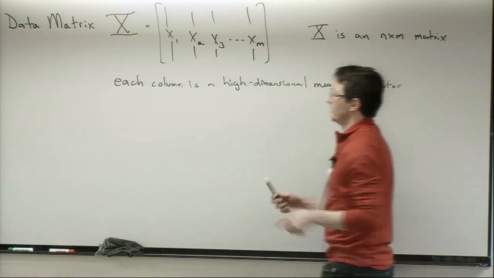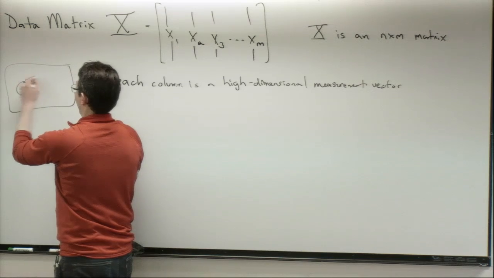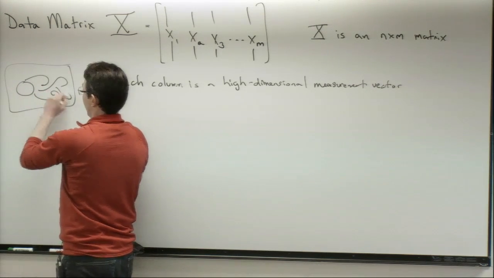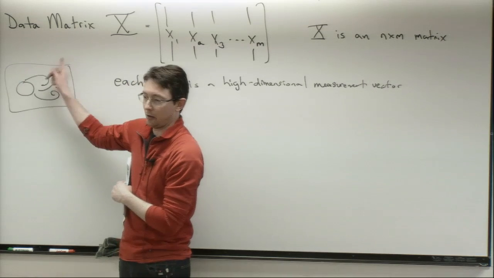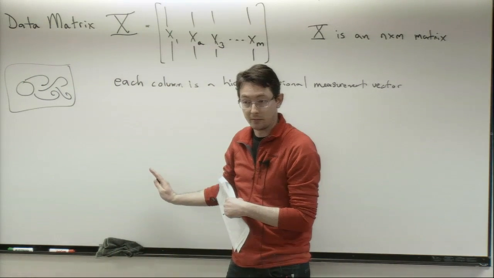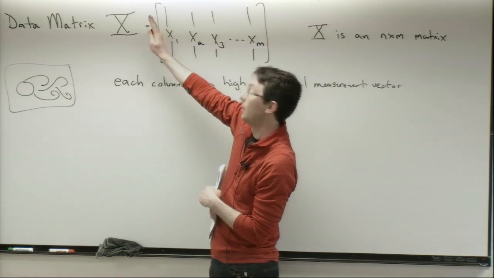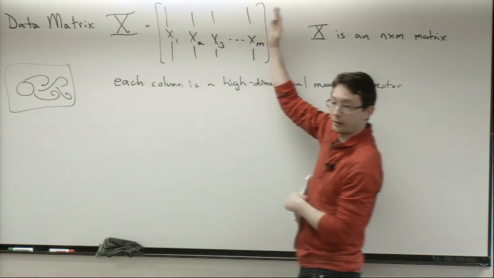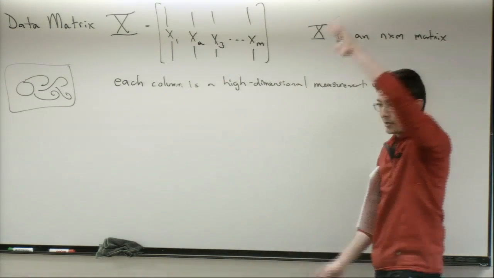Another example is, let's say that I have a fluid simulation for flow past a cylinder or a volcano or something. I could take the fluid velocity field at all million grid points and stack them in a really tall million by 1 vector. And this would be the fluid velocity at time 1, time 2, time 3, dot, dot, dot, up to time m. So each column is a very high dimensional measurement.